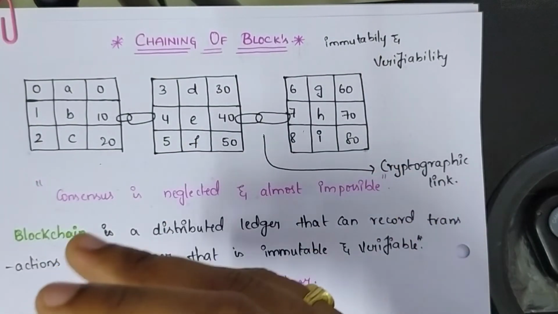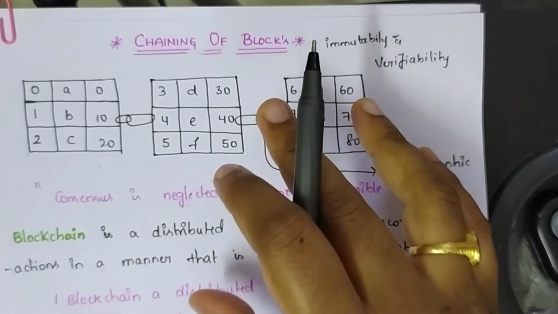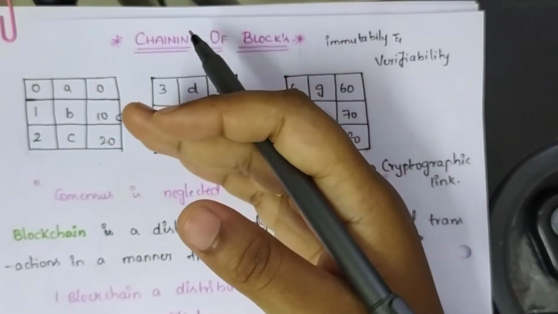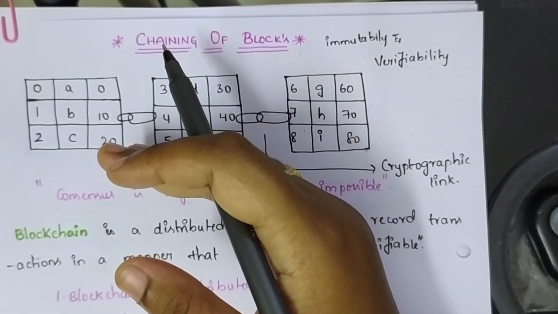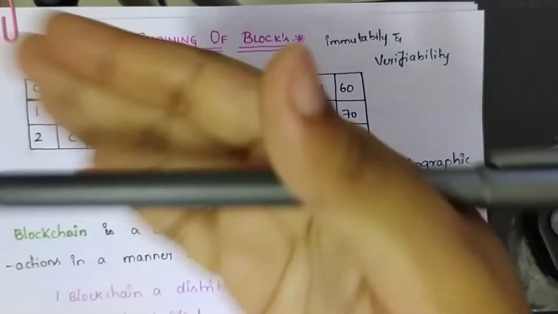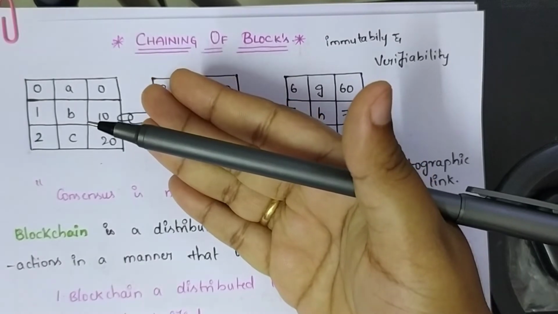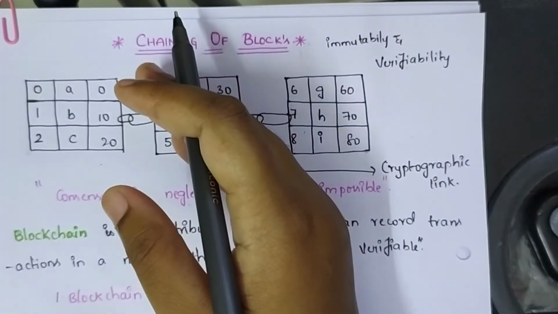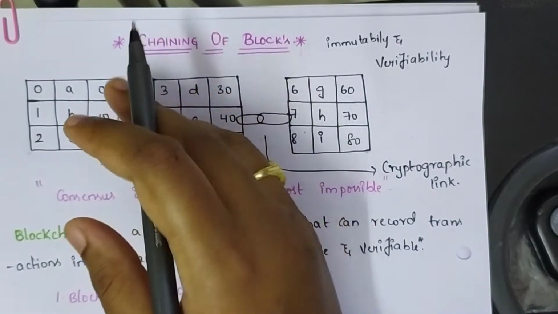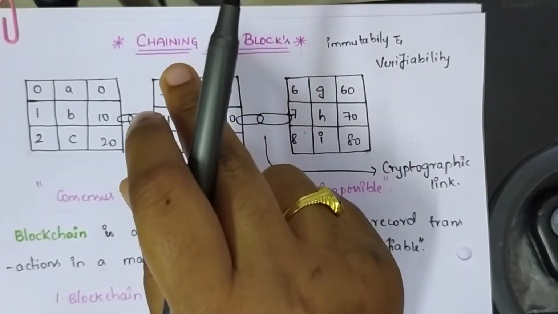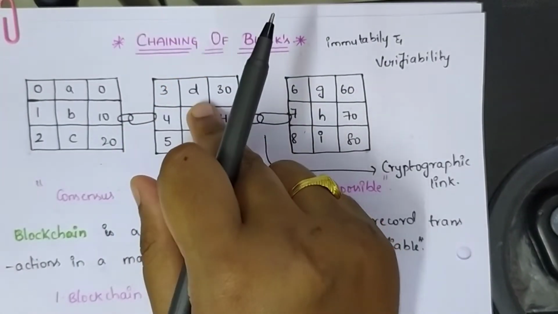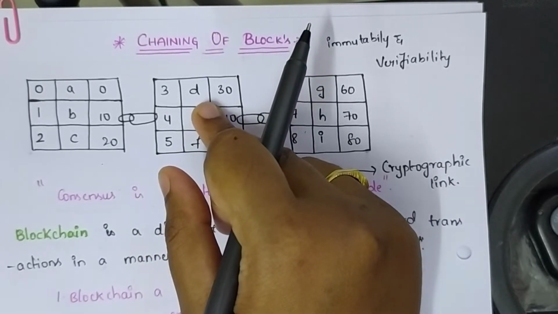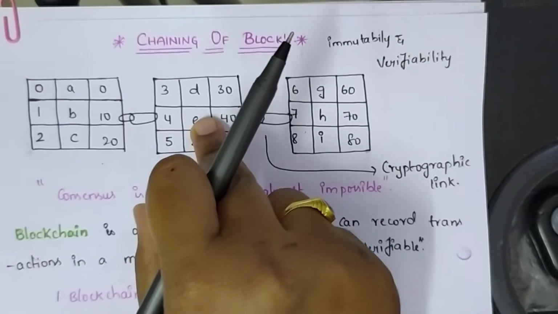Now if you want to change the contents of a transaction in one of the previous blocks of the blockchain, then you need to recompute the hash for that block. Also, when we recompute the hash for that block, you need to include that modified block hash in the next block as well.